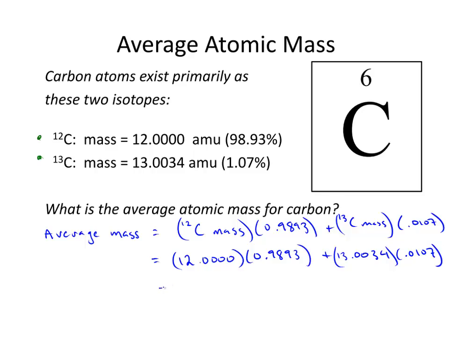Calculating this out, we reach an average atomic mass of 12.0107 atomic mass units. This is commonly rounded to 12.011. And so that average atomic mass, the weighted average of the different isotopes, is what is shown in the periodic table.